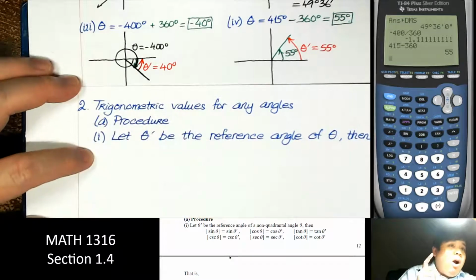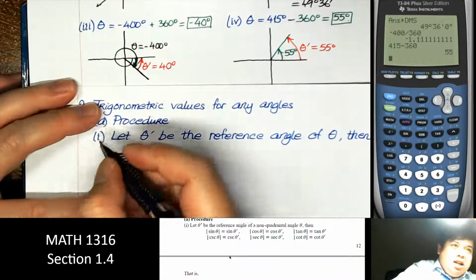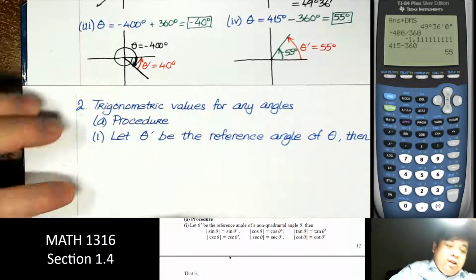Right. Rather than writing like that in the note, what I write instead is in this form. I think this is easier to write than the one we have on the note.